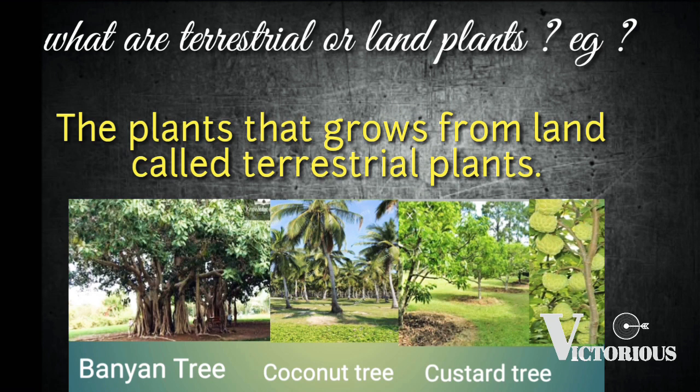These trees all grow on land itself, right? So this type of tree we call terrestrial plants. This type of plant may be smaller or bigger, as trees or as small plants. Okay, so that's all. The second assignment, most of you did this with a correct answer.